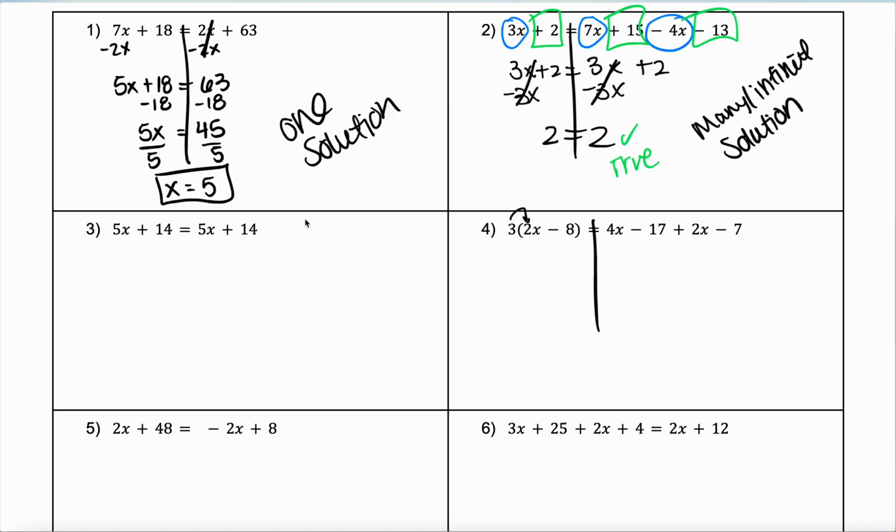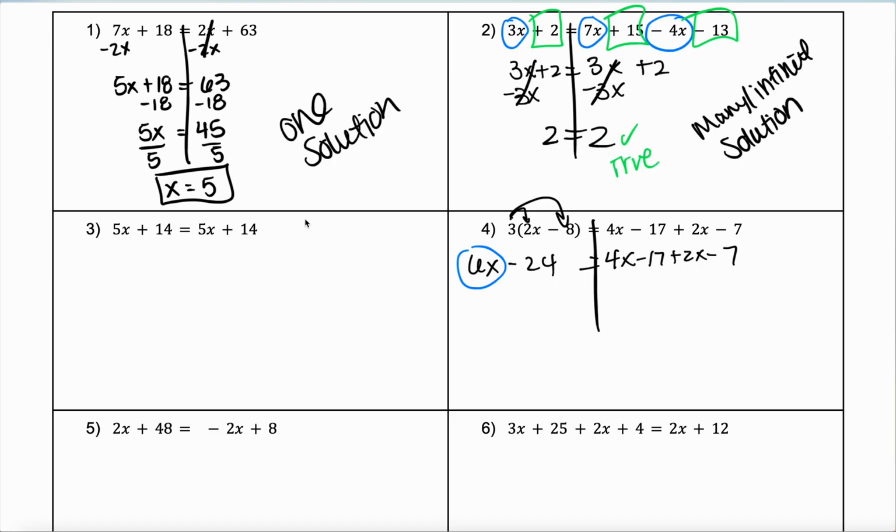So 3 times 2x gives me 6x. 3 times a negative 8 gives me a negative 24. And then I'm just going to rewrite this side of the equation because we have not done anything to it yet.